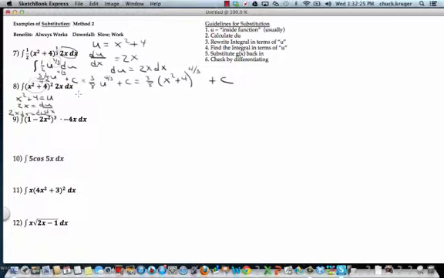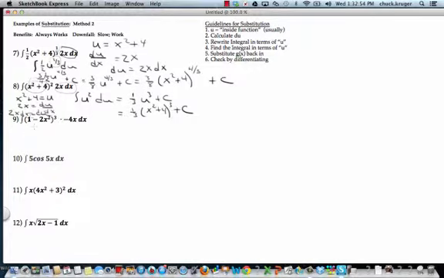So now I can rewrite that as the integral of u squared times 2x dx, which is du. So I have very simple integration problems. I'm going to have 1/3 u cubed plus c, which gives me 1/3 times x squared plus 4 raised to the 3rd power plus c.